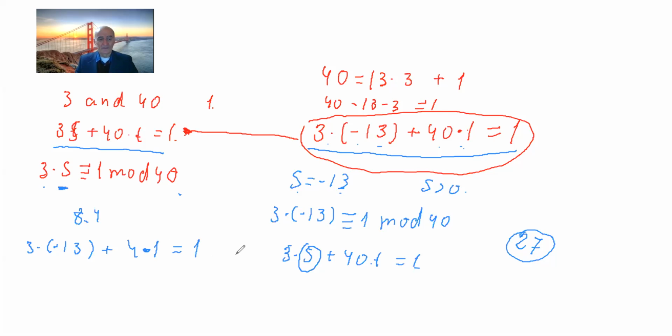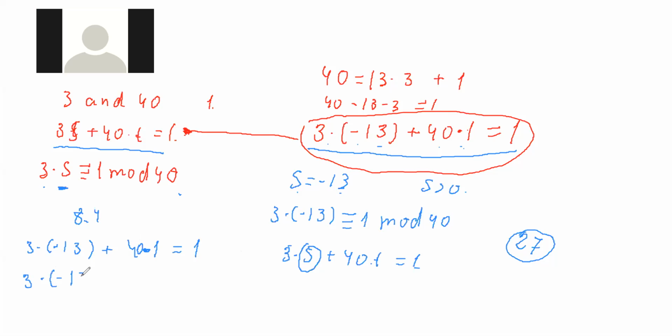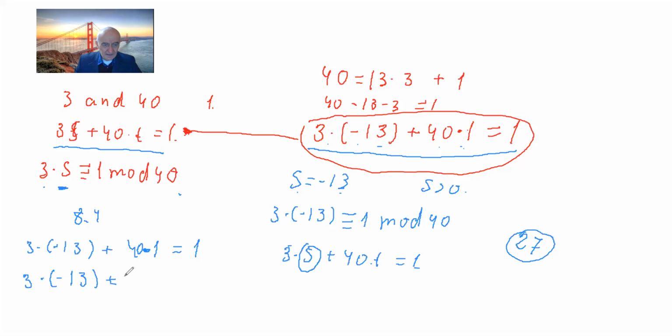We have this. Now, what happens if I add 3 times 40 and then subtract?